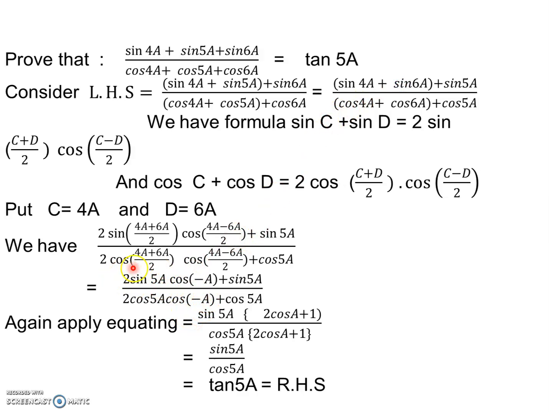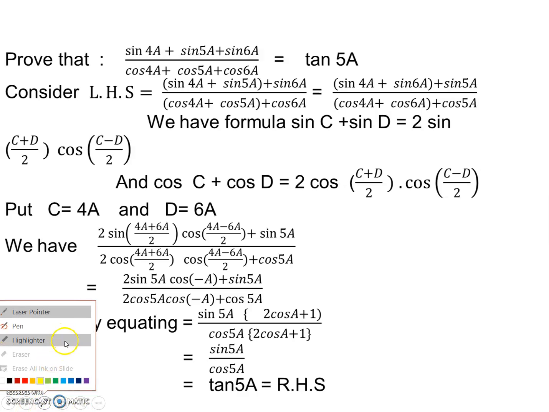So what is remaining? We have (4A plus 6A) upon 2 is 5A, and (4A minus 6A) upon 2 is minus A. Plus sin 5A remains the same. Next, 2 cos((6A plus 4A) upon 2), which is 5A, and (4A minus 6A) upon 2 is minus A. Why do we have to group these?